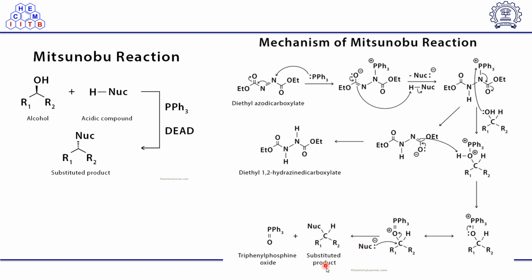So in the resulting nucleophile-added product, we will get the opposite stereochemistry to that of the alcohol. So this is the mechanism for this Mitsunobu reaction, that is, conversion of this alcohol into this nucleophile-substituted product by using triphenylphosphine and diethyl azodicarboxylate.